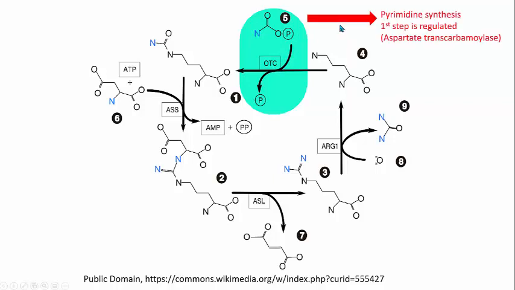Because the pyrimidine synthesis is also regulated at the step of aspartate transcarbamylase, which utilizes this carbamyl phosphate, we're pushing too much material, because of the overabundance of carbamyl phosphate, into the production of pyrimidine synthesis. That causes an accumulation of orotic acid in these patients.